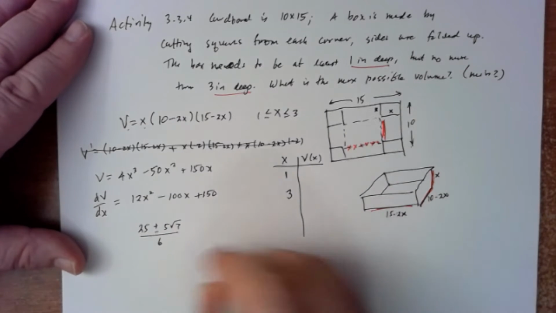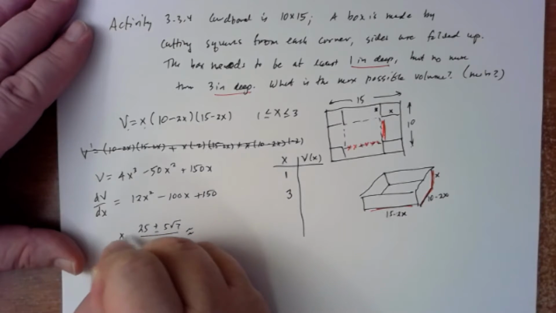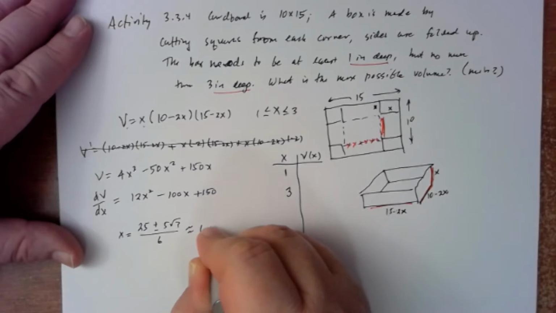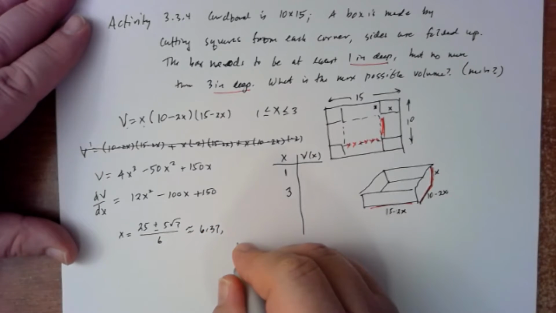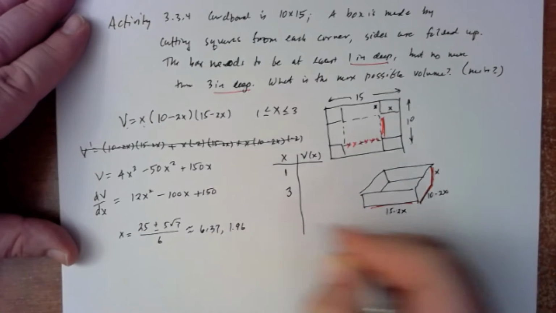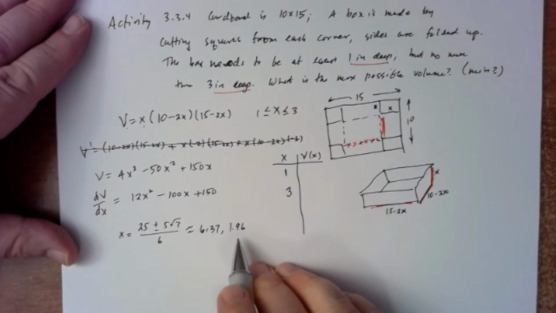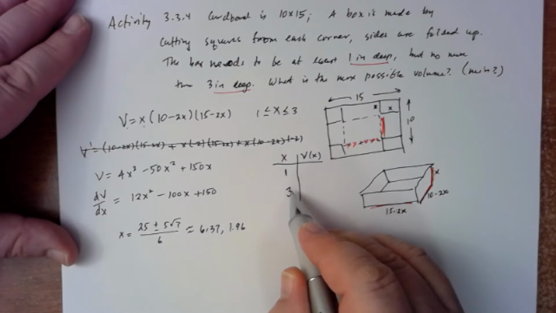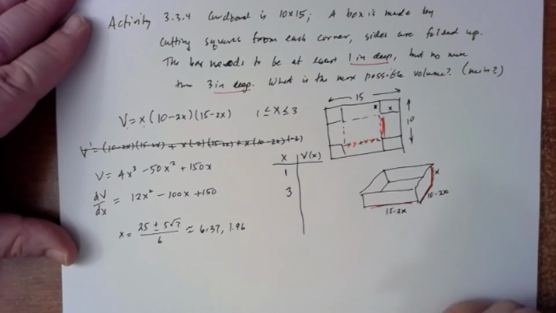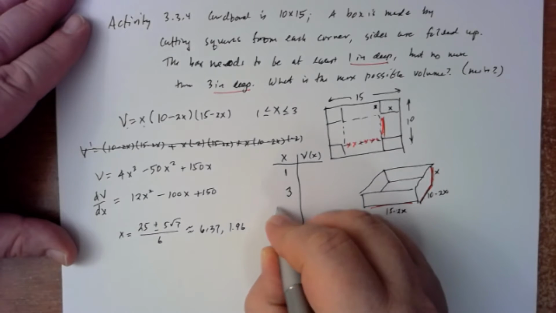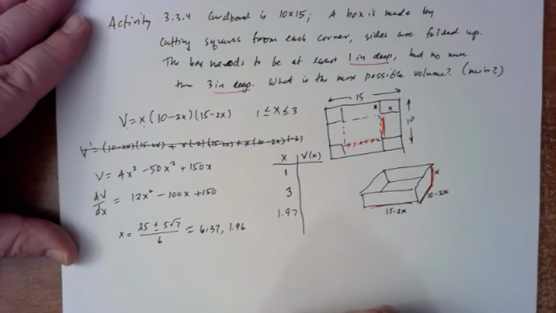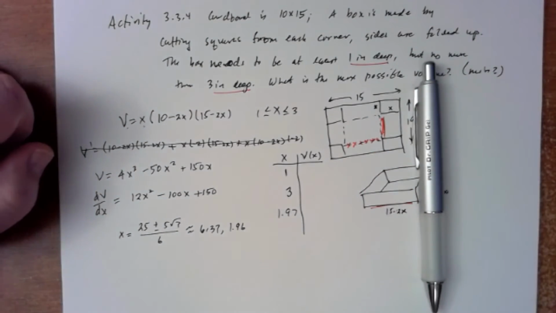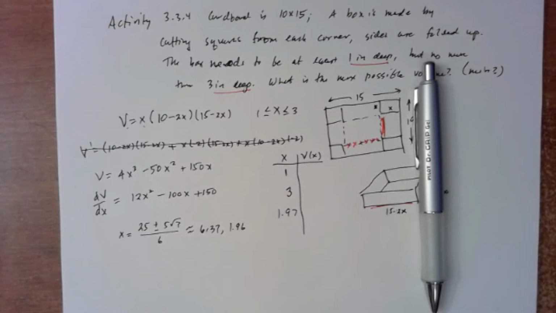And so the two values end up being approximately 6.37 and 1.96. Of course, we see 1.96 is inside of our interval, but 6.37 is outside. So we'll just work with the 1.96. Now we just plug these into our V, and I will pause while I do that on my calculator.